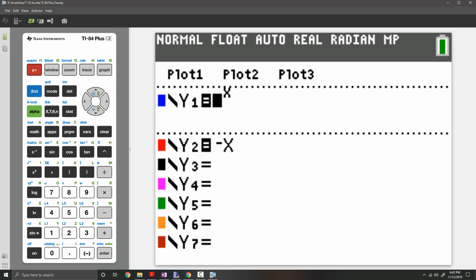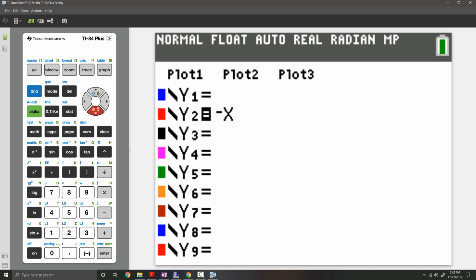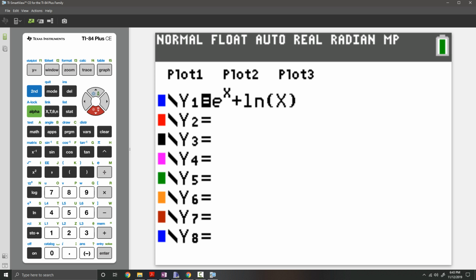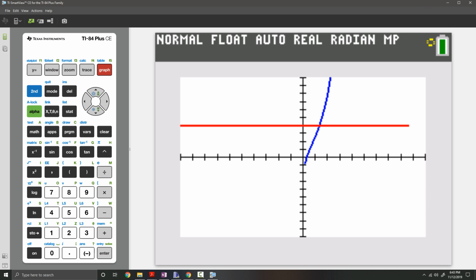And then to solve for the second one, we would put in e to the x plus the natural log of x. I could put that into y1, and then for y2, I just need to put in 4, right? So I put the left-hand side in one of the y's and the right-hand side in the other, and I can look at the graph and then calculate the intersection, right?